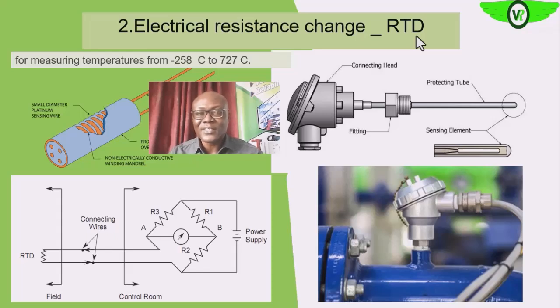That resistance forms a section or a leg of the Wheatstone bridge that could alter the balance of the bridge as the resistance is changing, and that can cause the generation of voltage, whose magnitude is dependent on the magnitude of the temperature that the RTD is exposed to.